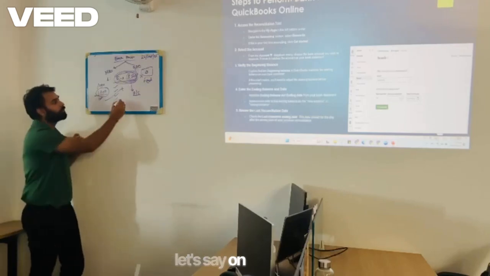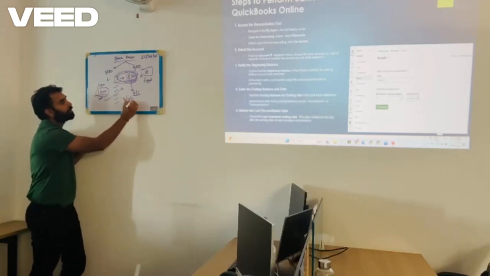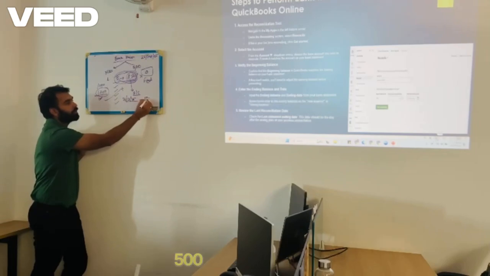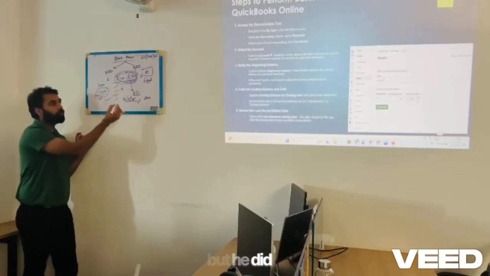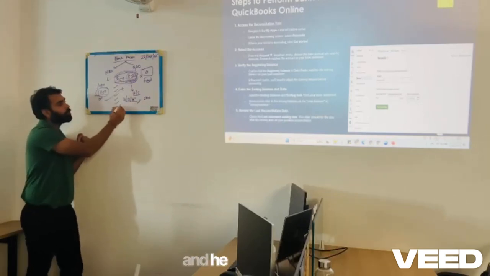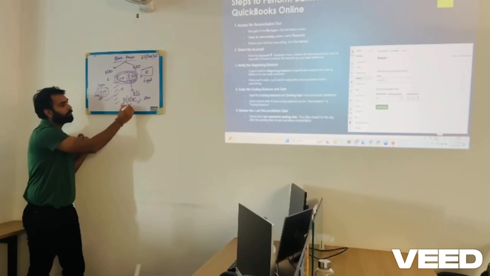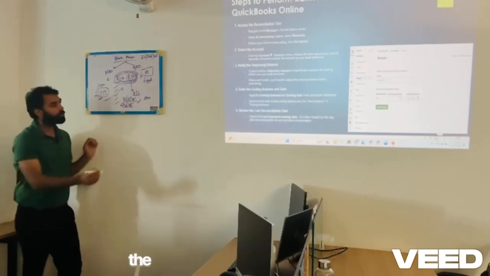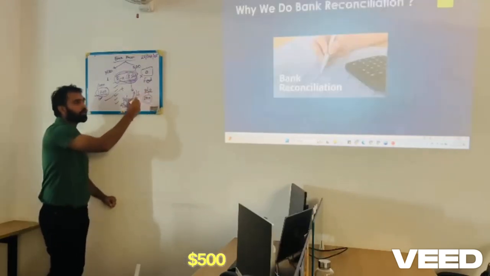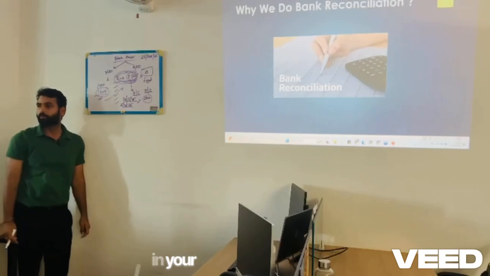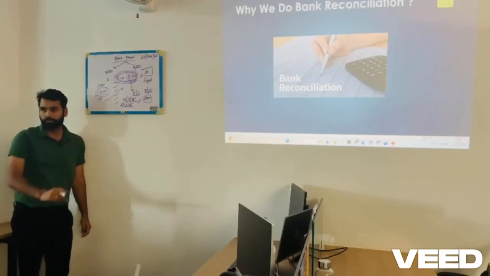Now, let's say on 31st March, you issued a check for 500 and the vendor collected that check, but he did not present it in the bank until 5th of April. So what will happen on 31st March, when you do the bank reconciliation, is that $500 transaction will not be coming in your bank statement, correct?